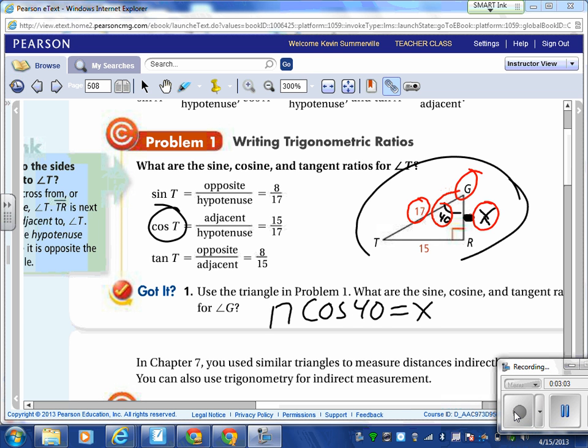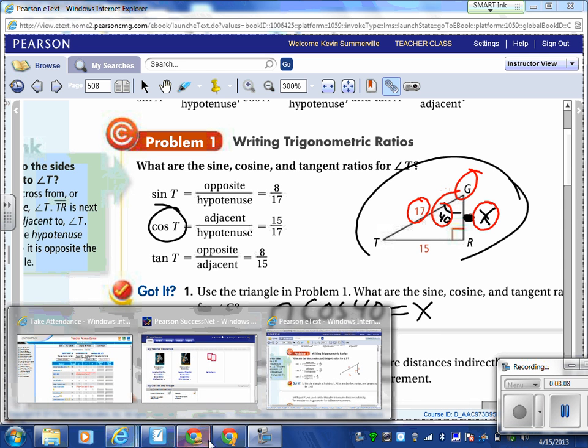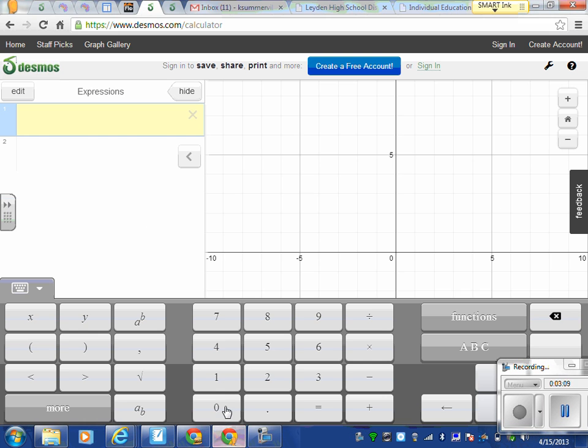And to do that in the calculator, if you go to my website, you know where that's at. Let me find that for you. Go to my website here. Here's my calculator. I need to put in 17 into the calculator. So go ahead, Maria, do this with me. 17, and then I have to put in cosine, which I get from this function button over here.